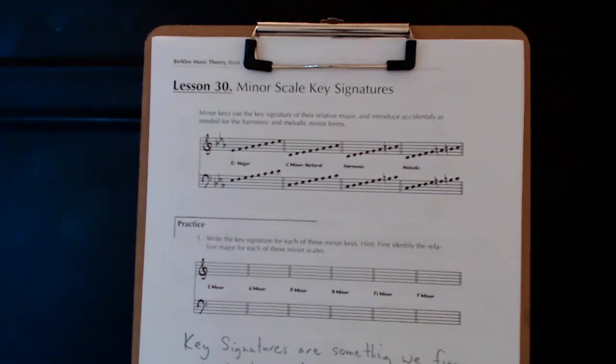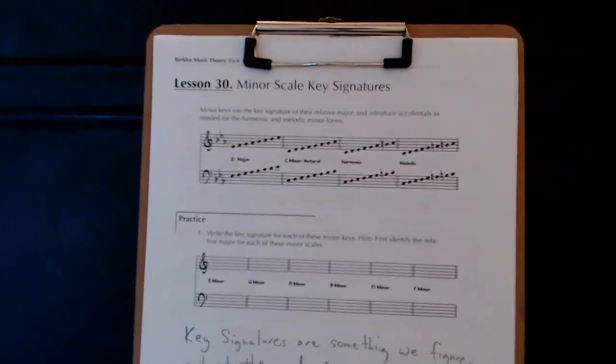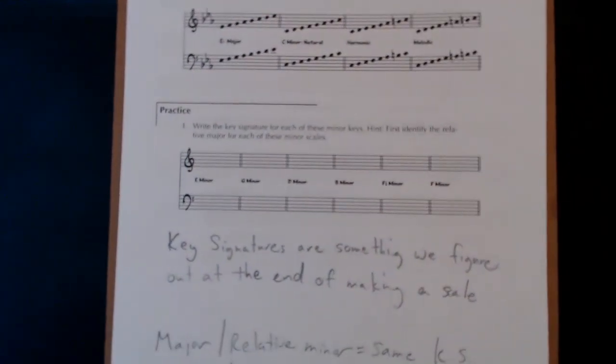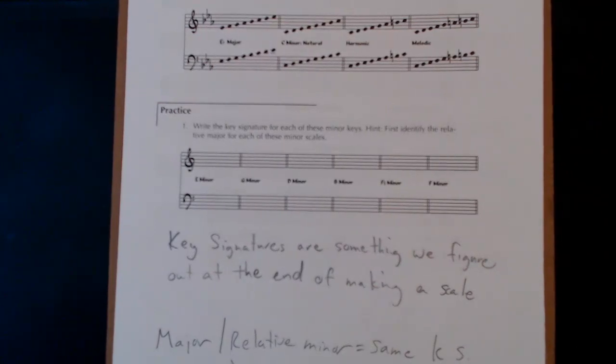So in theory class, we learn how to construct these. Then we take the accidentals derived from those scales and apply them to the beginning of a piece of music for convenience's sake. In this case, a key signature, okay? So I always say this at the beginning of a key signature lesson: key signatures are something we figure out at the end of making a scale, not the beginning, okay?